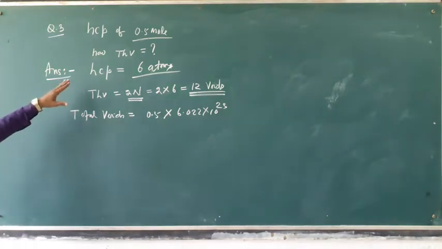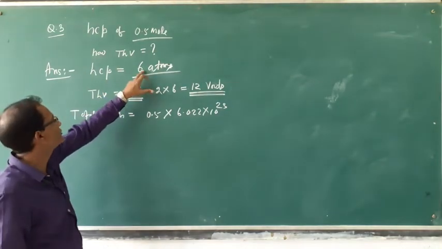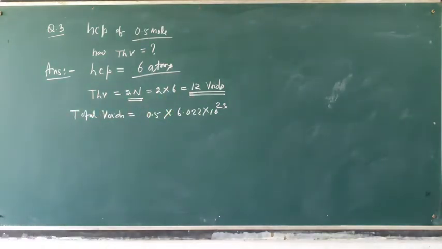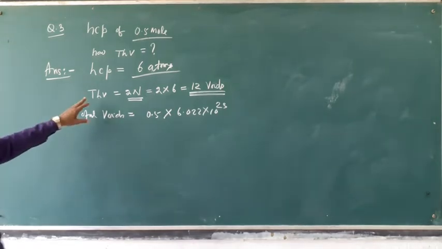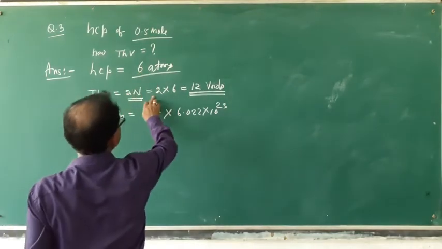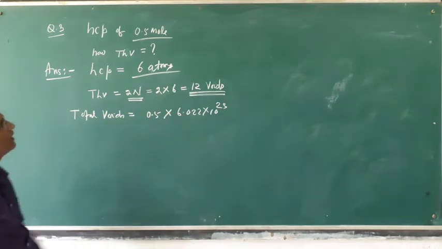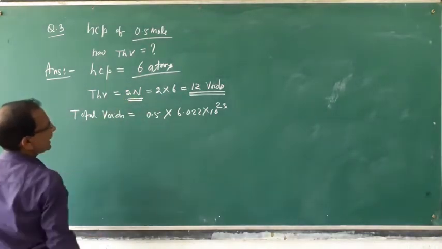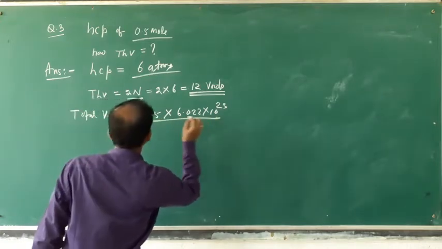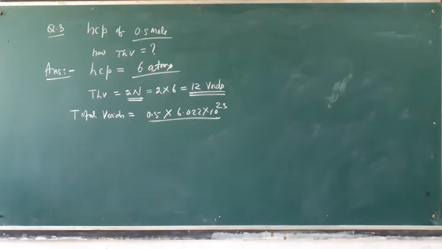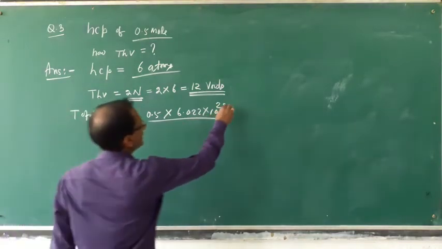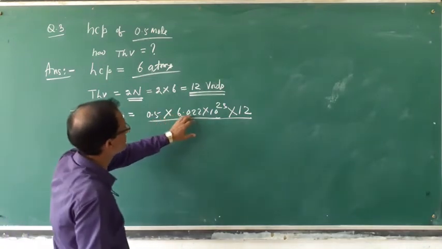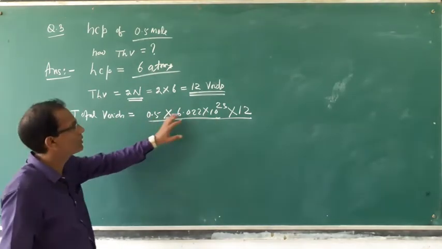Clear? So hexagonal close packing means 6 atoms are there, and for 6 atoms the number of tetrahedral voids is 12, which is 2 times. For 1 atom, the voids are twice.